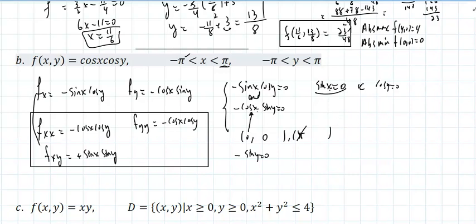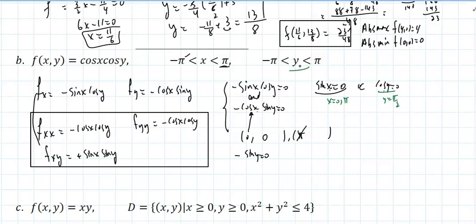Now, the second point, how about cosine of y equals 0? Here, y equals pi over 2 or 3 pi over 2, but I'm only allowed to go between negative pi and pi. Oh, I see. Yeah.